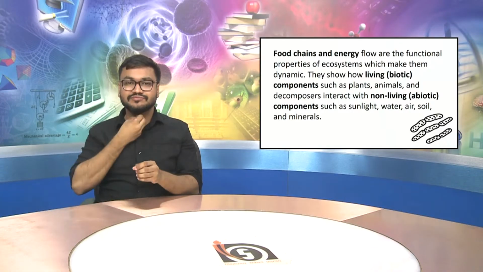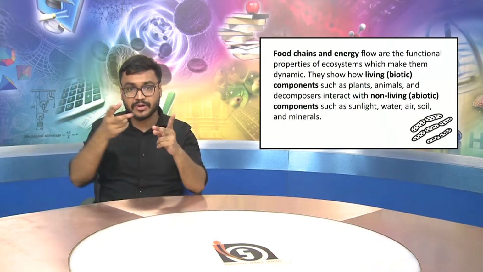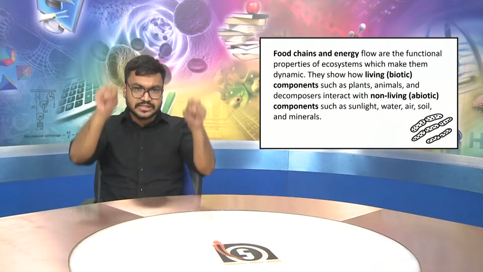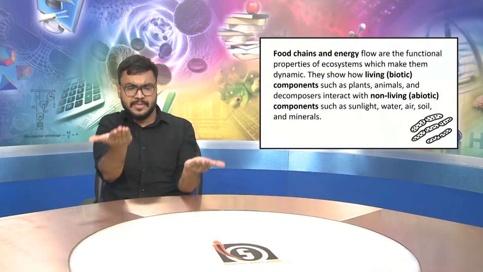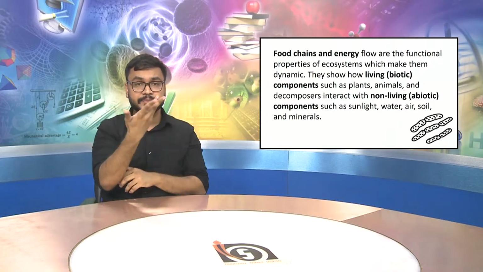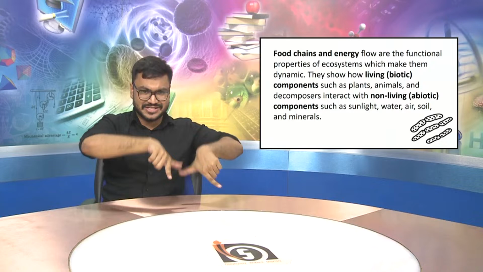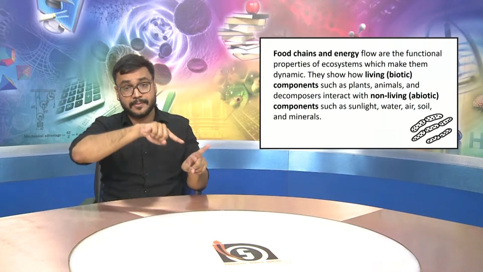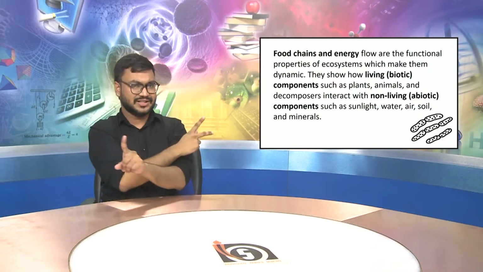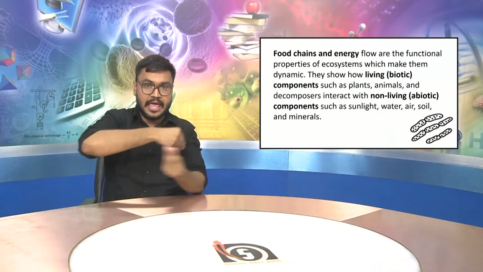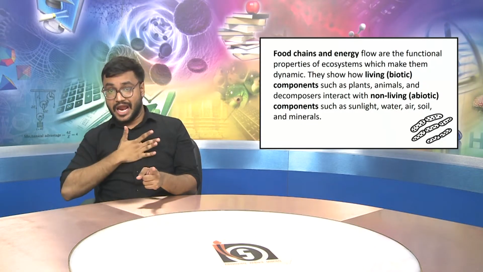They show how living components such as plants and animals, and non-living components such as sunlight, water, air, soil and minerals, interact with each other, biotic and abiotic.